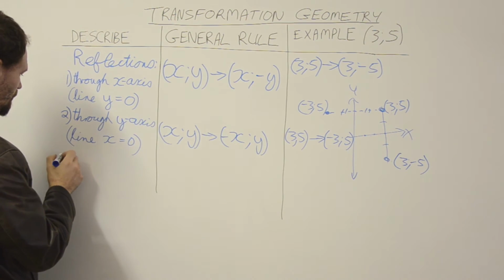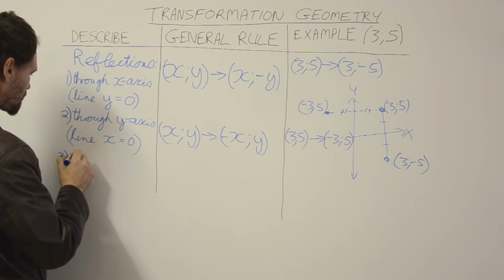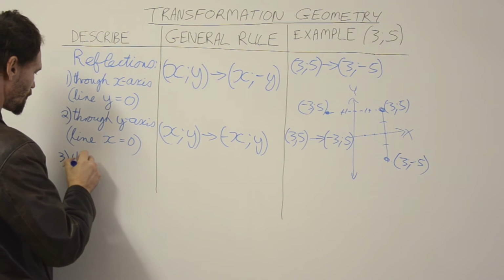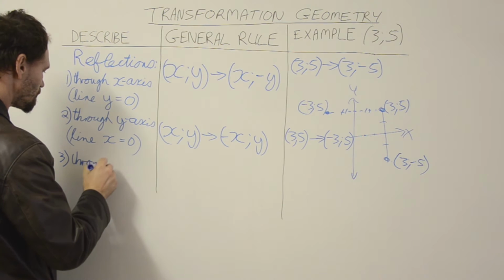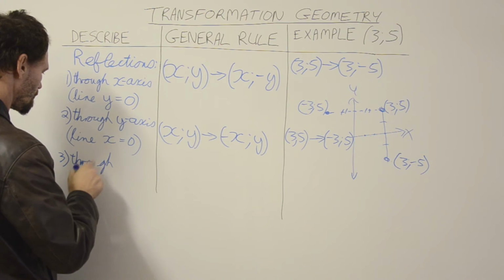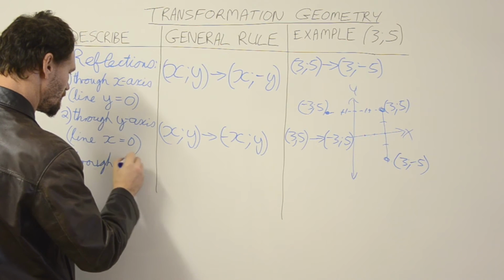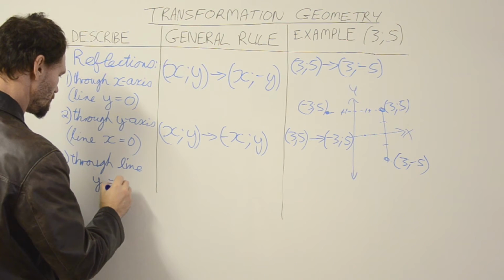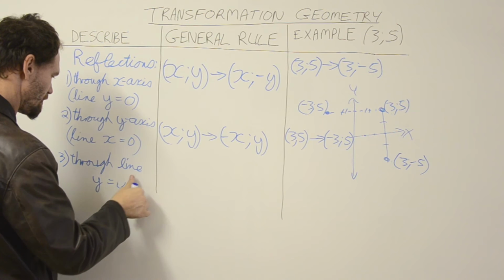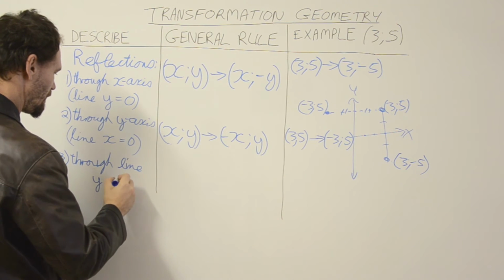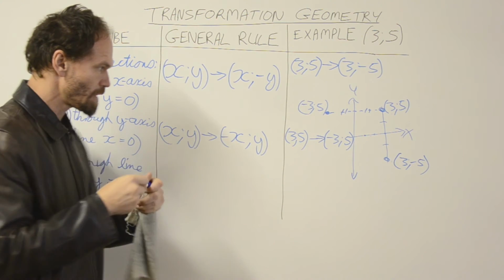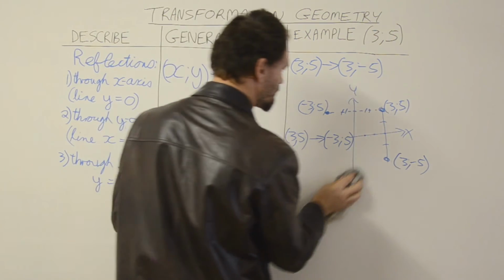Then we do, thirdly, reflections through line y equals x. Now that simply means, let's take this away.